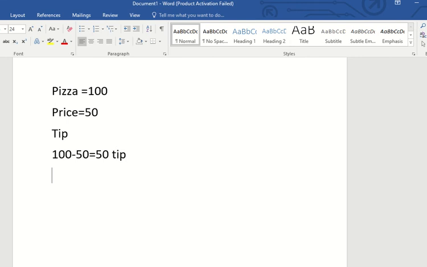Now for example, you go into the hotel and you have taken a soup and you have given them 60 dirhams, and you have given 20 dirhams as a tip.